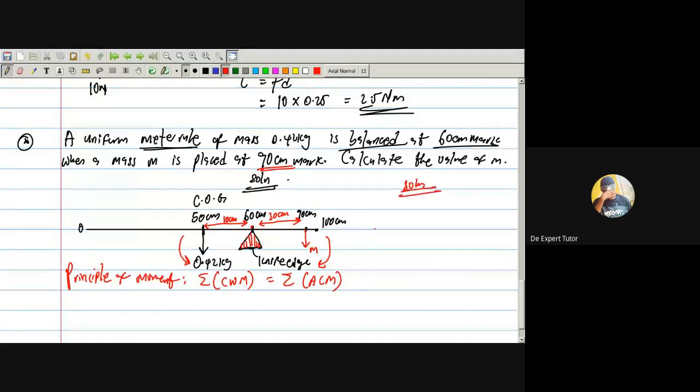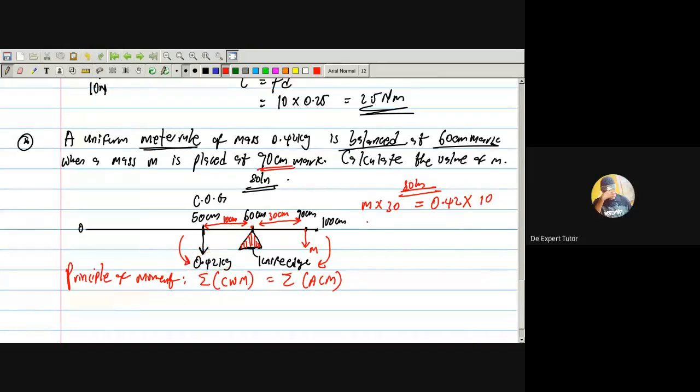So we say clockwise moment equals. These are clockwise moments. So what is the force I'm having here? M, times the distance from this to this point, which is 30. And I don't have any other force on that side. Then equal to, what am I having at this side? 0.42 kg, times the distance of this 0.42 kg to the pivot, which is 10.